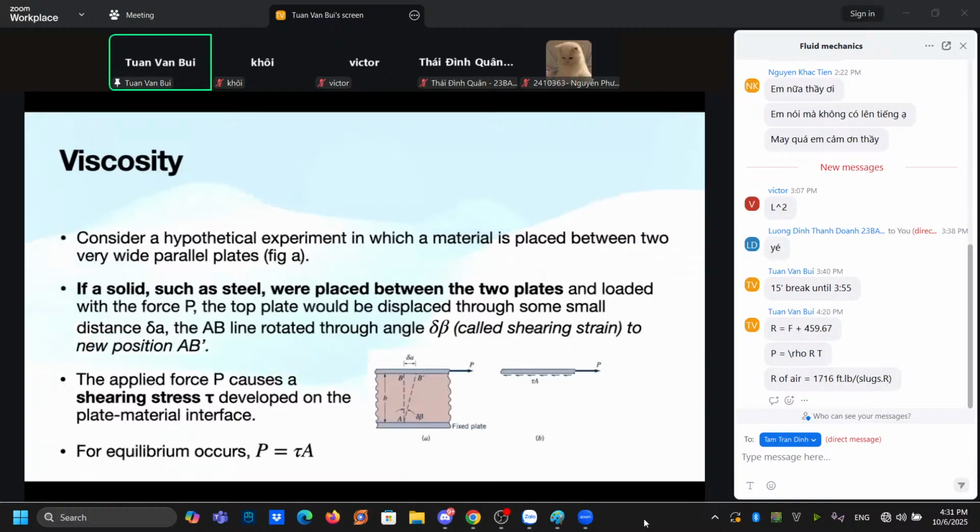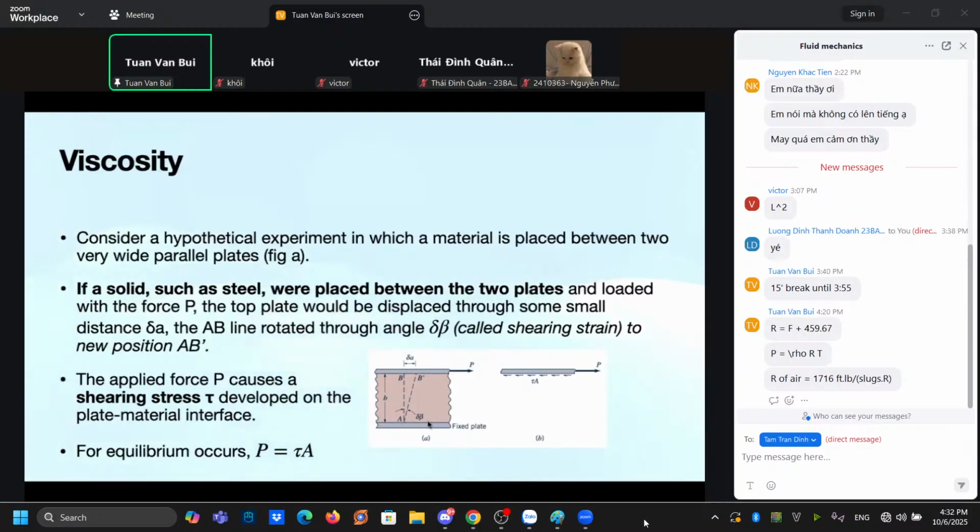So we can go deeper into the viscosity. Consider a hypothetical experiment in which a material is placed between two very wide parallel plates, like in figure A here.